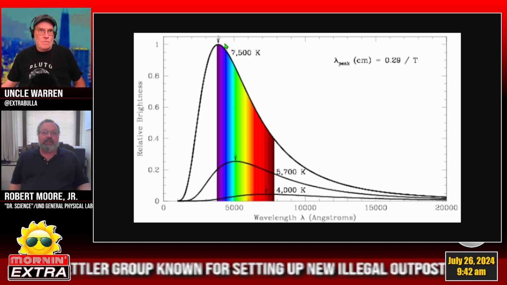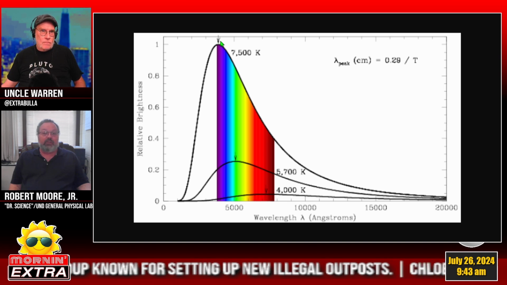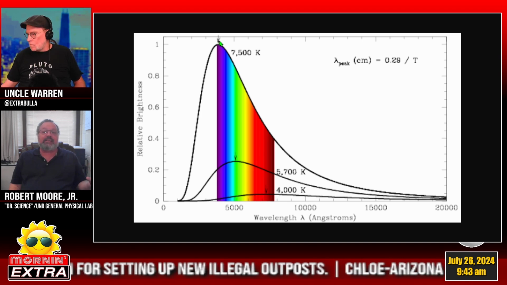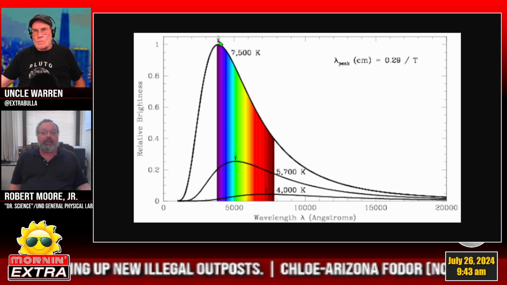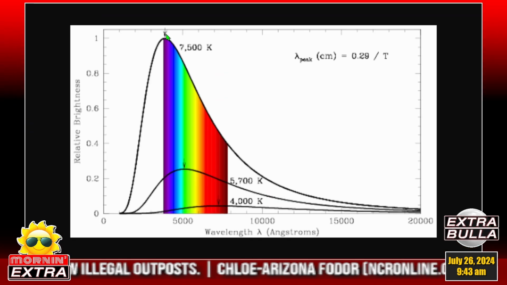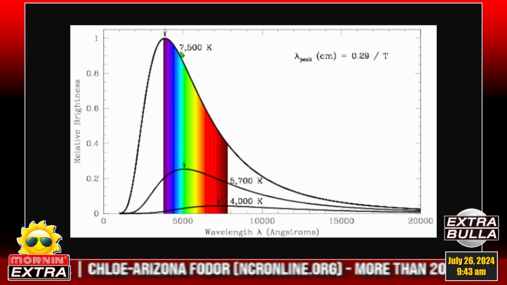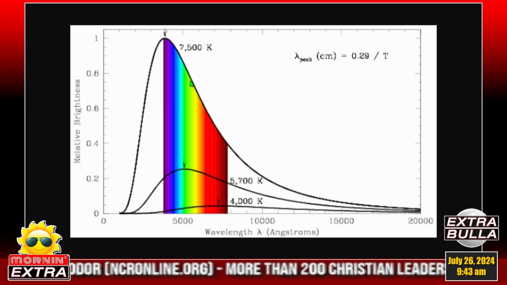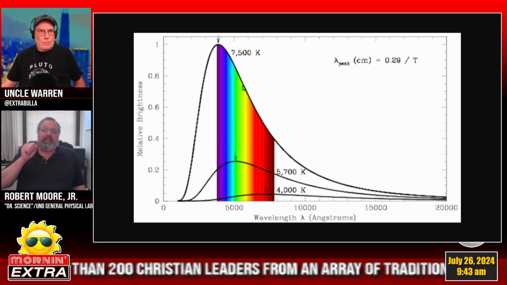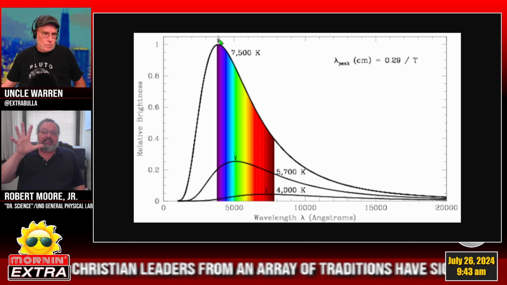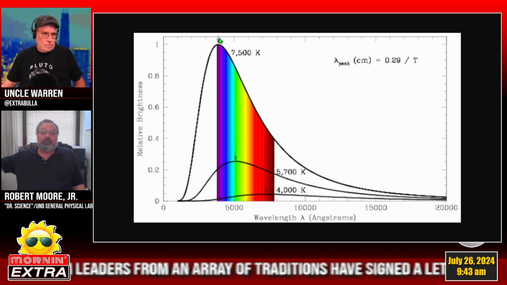So one of the first things we do when we break up that spectra is look for where that peak is, that highest point, that brightest point. Because there's a nice little law called the Stefan-Boltzmann law, and it relates directly where that peak, that highest brightness, that highest intensity is to the temperature.